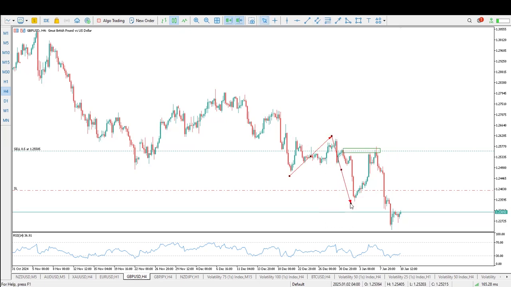The reason why you focus on your last break of structure is for you to have a clear direction of the market, for you to know where the market is. This market has given us a 4-hour break of structure, and it has shown us that this is a downtrend.